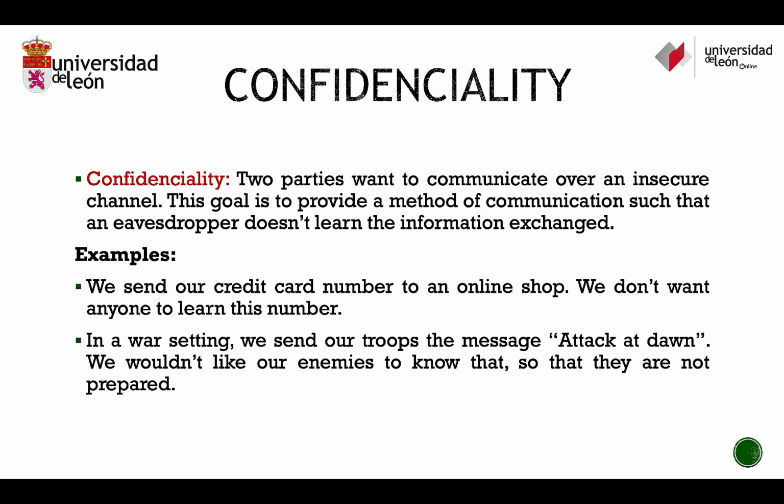For example, we want to have confidentiality when we send our credit card number to an online shop. We don't want anyone to learn this number, so we want this protocol to be confidential. Also, in a war setting, if we send our troops a message specifying some instructions for the attacks, for example, the message attack at dawn, we wouldn't like our enemies to know that, so that they are not prepared.